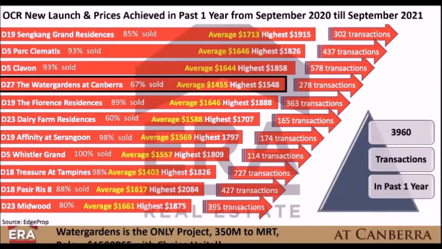How much have we sold for the last 1 year? We have sold a total of 3,960 new homes in the OCR in the past 1 year. The top selling one is Treasure at Tampines, 98% sold with an average PSF of 1,004, and it has sold 727 units in the last 1 year.